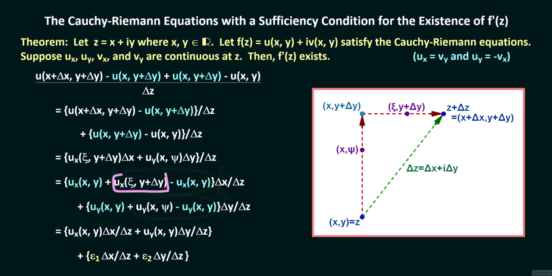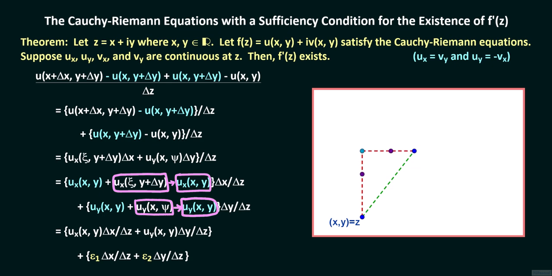Now u sub x of c y plus delta y tends to u sub x of xy, and u sub y of x c tends to u sub y of xy as delta z tends to 0. This is because the points c y plus delta y and x c both tend to the point xy as delta z tends to 0, and also because of the continuity of the partial derivatives of u and v.